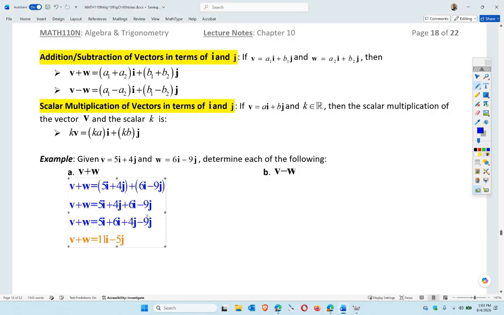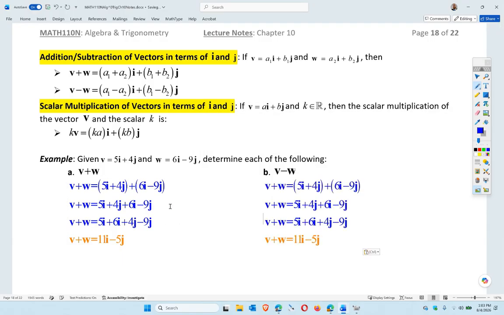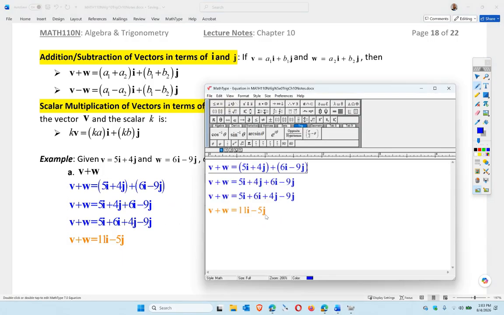Alright, so what would happen if it's subtraction? What would actually change? Okay, well, let's go over to here and try that out. If it's a minus case, we'll do minus and minus. So this would stay the same, but this would be minus and plus when we distribute, correct?